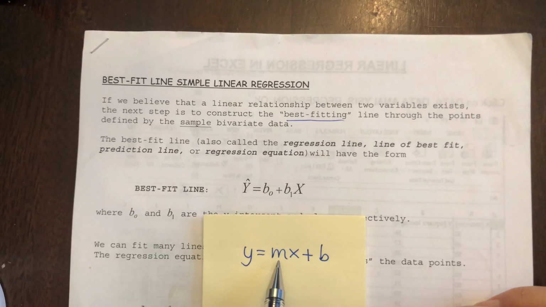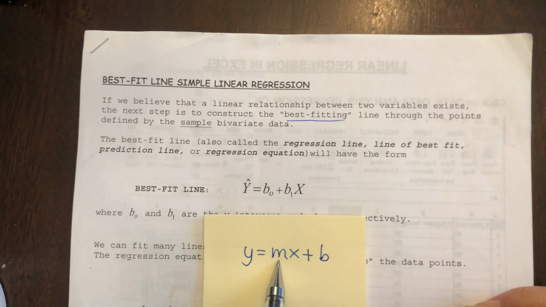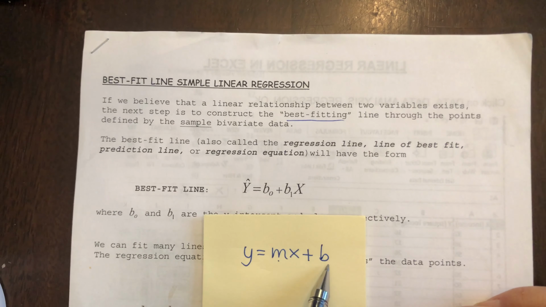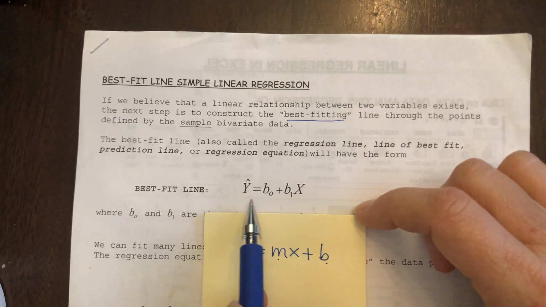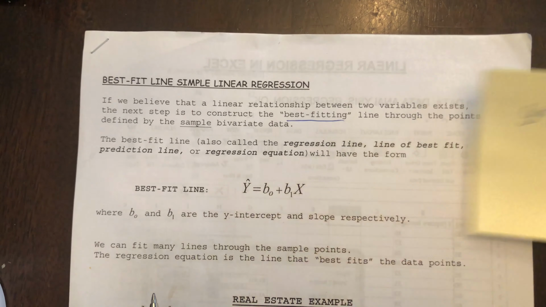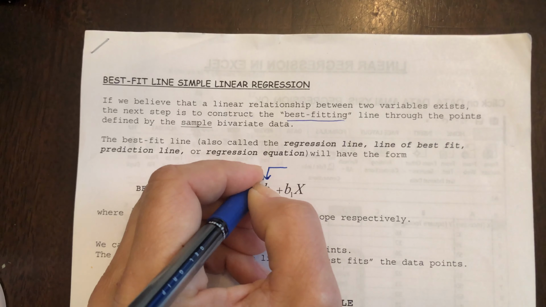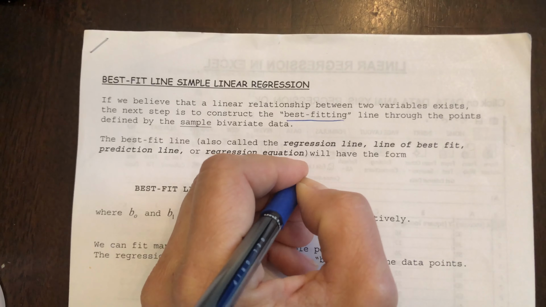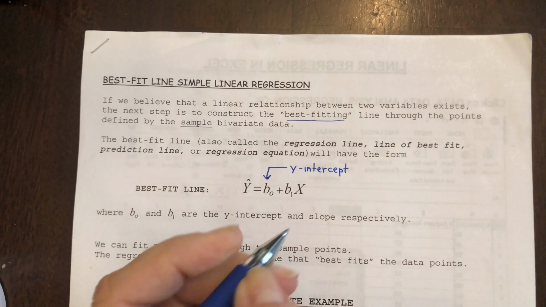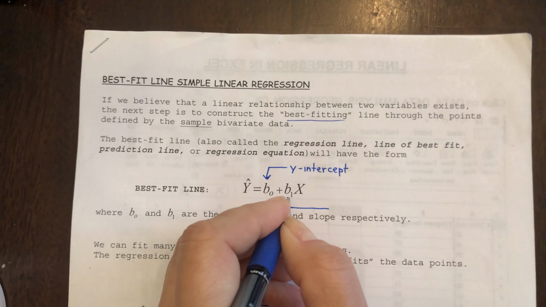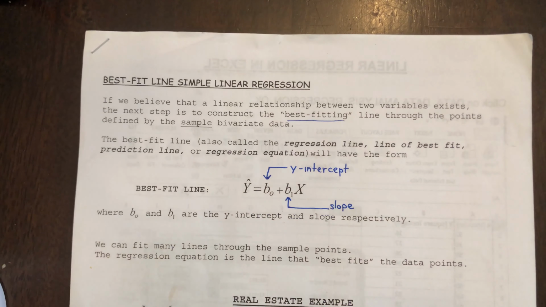You can see that they're just rearranged, but b1 is playing the role of m, and b0 is what we call the y-intercept. So this is the same form of a line, it just looks a little bit different. This is the y-intercept of your line, where it crosses the y-axis, and this is the slope of your line.